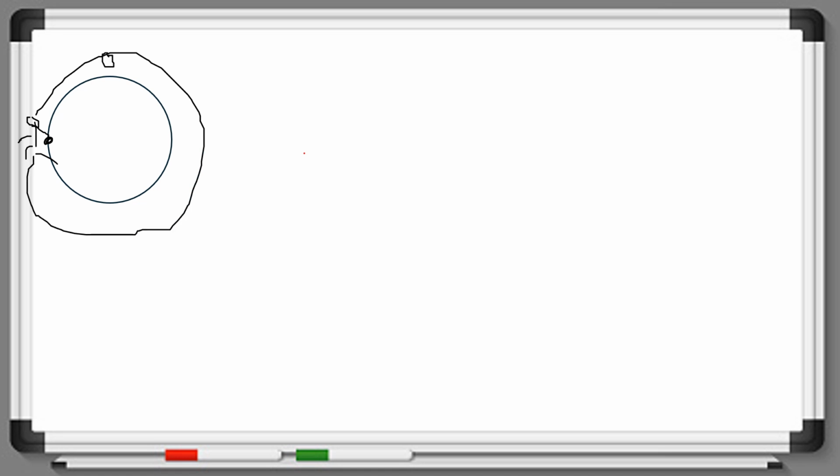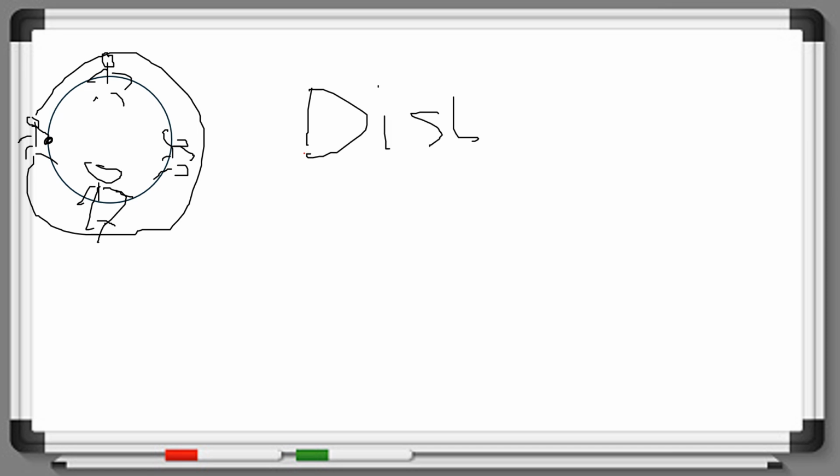I move along this path and reach again the same point. Now I will ask you, what is the distance and what is the displacement? So think for a minute till I write here what is the distance and what is the displacement.